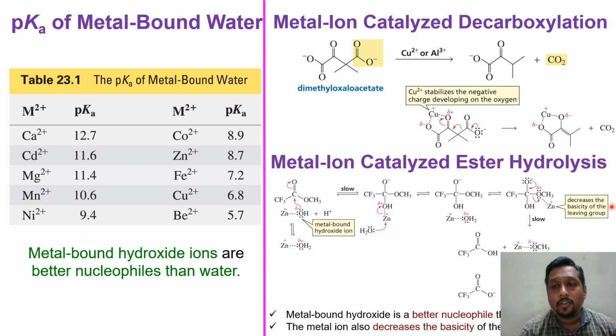In the second slow step, the zinc will coordinate to the leaving group, thereby decreasing its basicity so that it can convert into zinc bound methoxide as a leaving group, which on further reaction with water forms methanol, and zinc bound water is regenerated for the next catalytic cycle. Eventually, the hydrolyzed product has been obtained. So, in a nutshell, metal bound hydroxide is a better nucleophile than water. The metal ion also decreases the basicity of the leaving group.